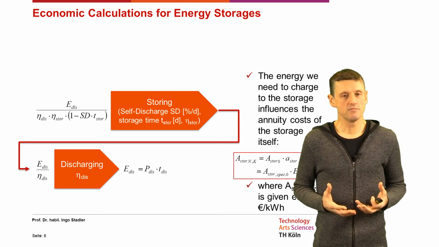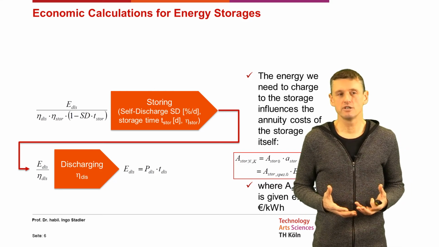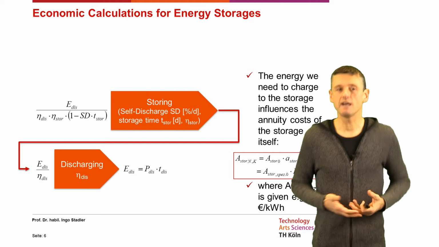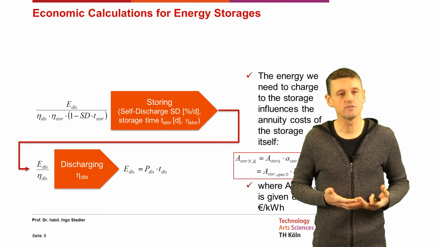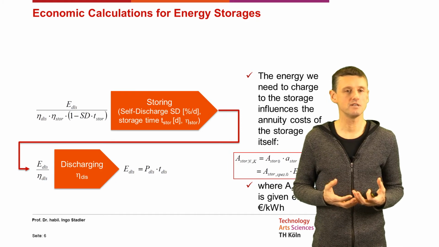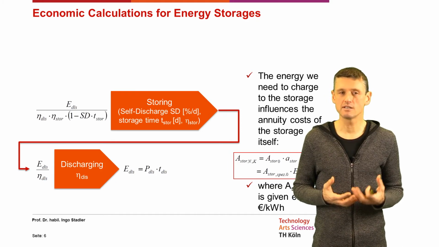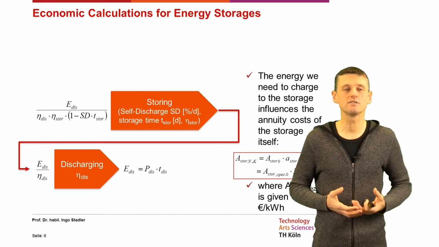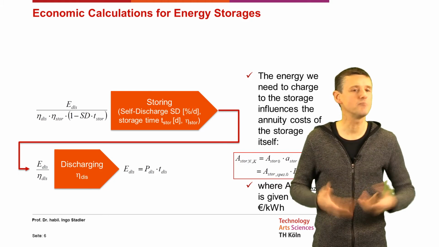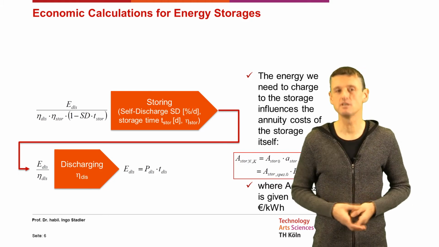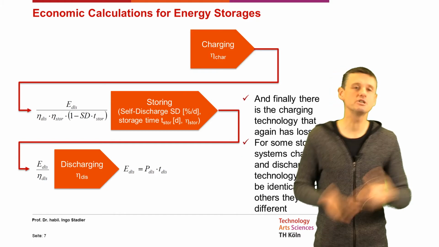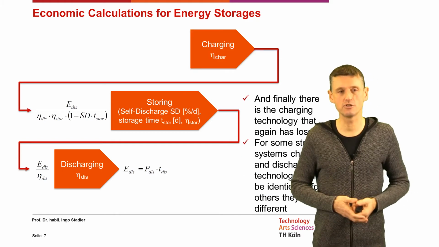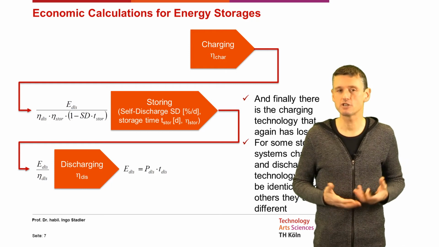And that amount of energy E store is E this divided by all those efficiencies, the eta this, the eta store, and when we take into consideration the self-discharge, we also divide it by 1 minus SD times T storage.